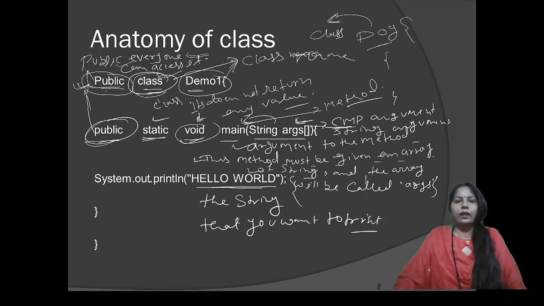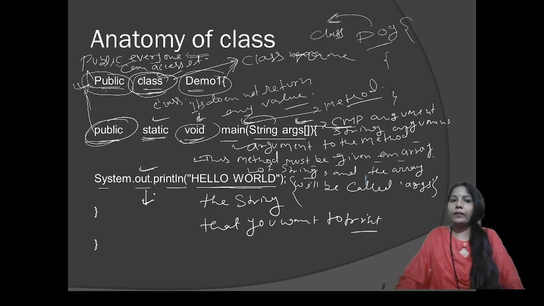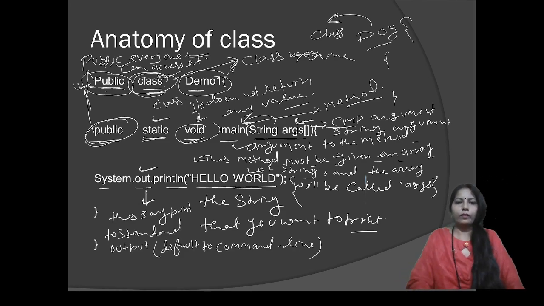Now System.out.println. It tells your system to print to the standard output, which by default is the command prompt, the command line.